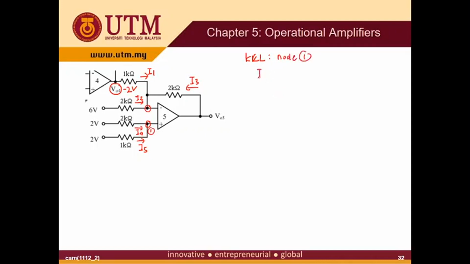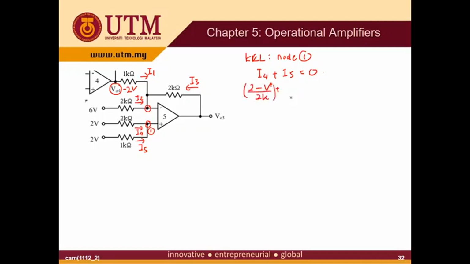I4 plus I5 is equal to 0. I4 is 2 minus V plus over 2k.